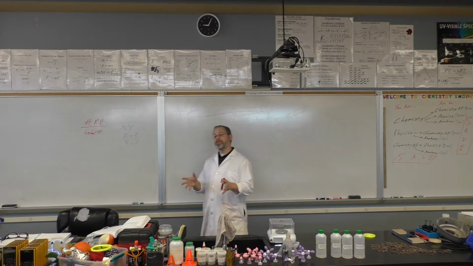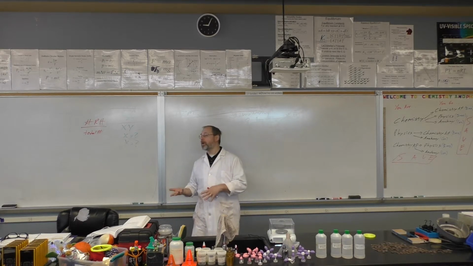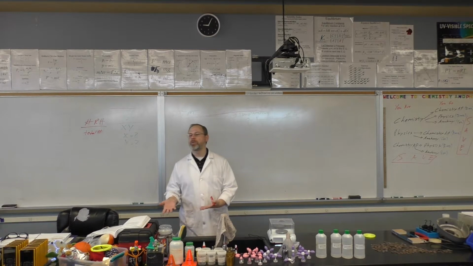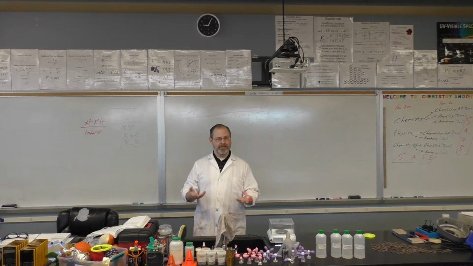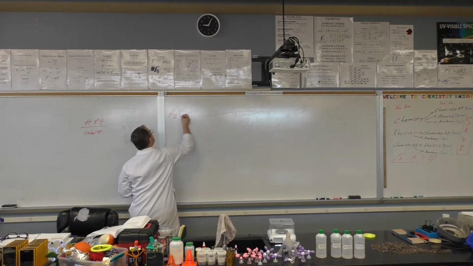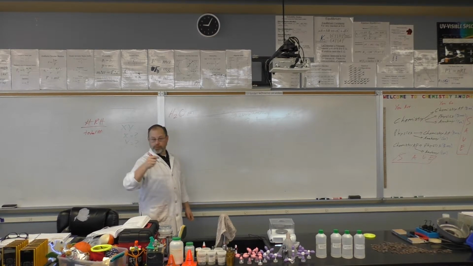Well, we do that in chemistry as well. So if we want to know what percentage of water is hydrogen, we count how many grams of hydrogen we have, and we put it over the entire thing. So if you had H2O, how many grams is just hydrogen? 2 grams.